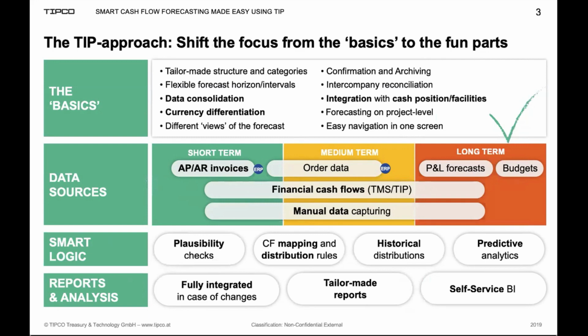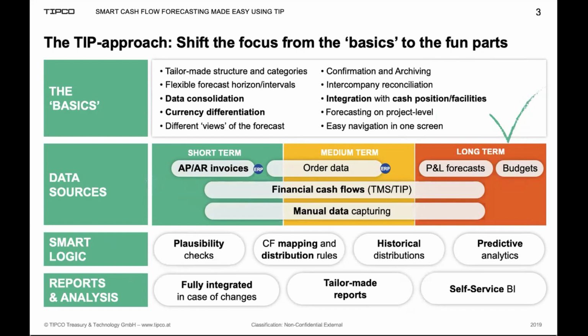And looking at this data, analyzing it, and then setting up these rules accordingly in TIP, that's what I would consider the fun part. Same as the more sort of forward-looking items like predictive analytics, which is currently all over the place.